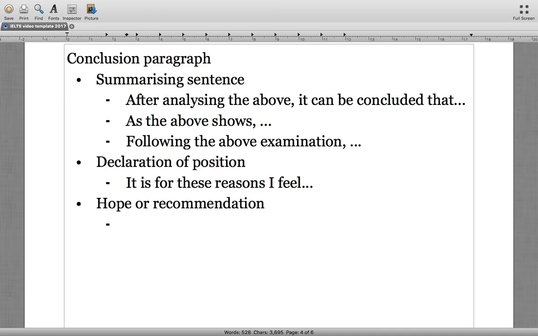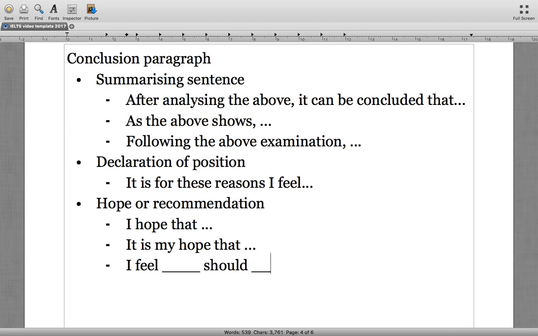So you might say something like, I hope that, or it is my hope that, or if you were going to do a recommendation, you might say, I feel this should, okay, and then you could finish it that way.